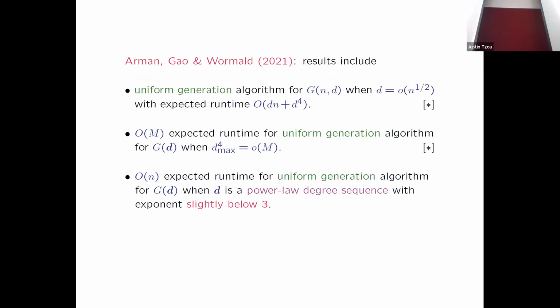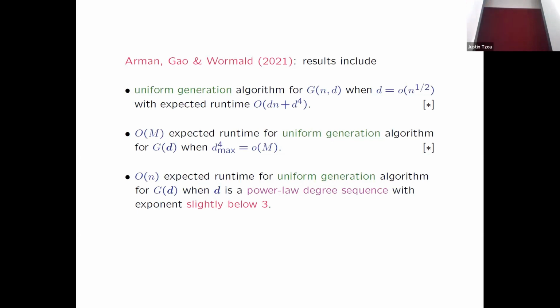So in particular, in the regular case where all the degrees are the same, d, if d is little o of root n, which means d over root n tends to 0, then you get essentially expected runtime the order of the number of edges. dn is the number of edges, but it might be d to the 4th if d to the 4th is larger.